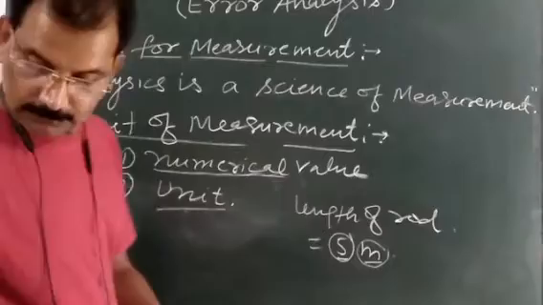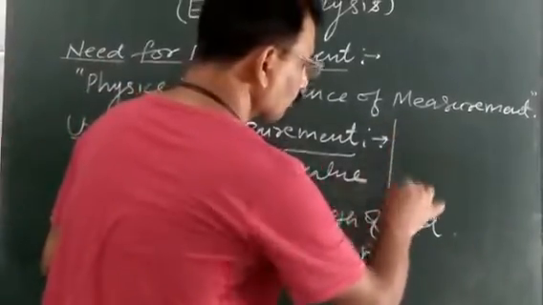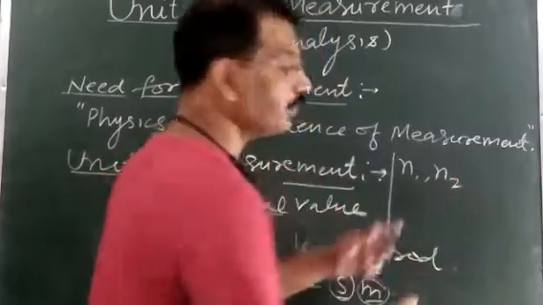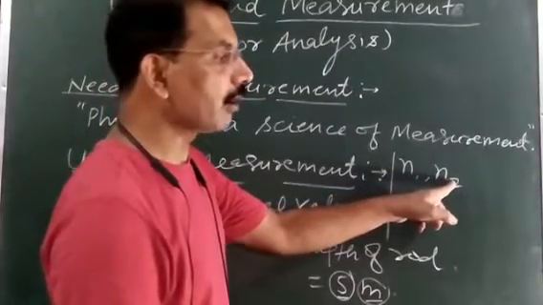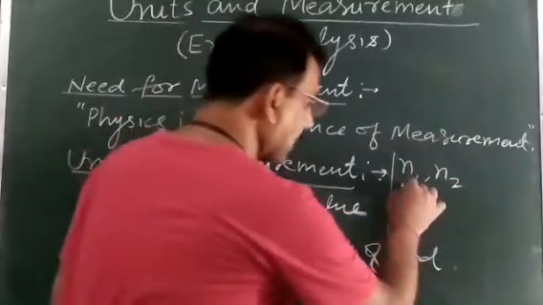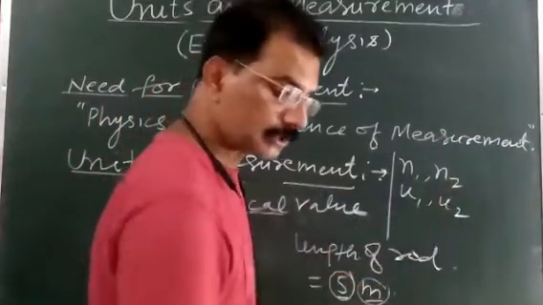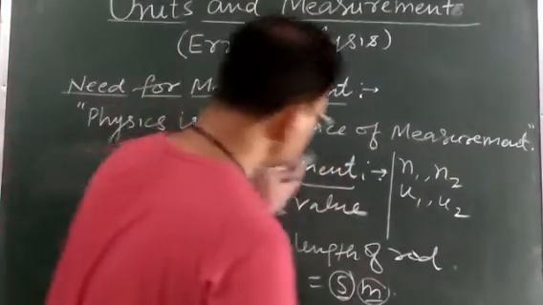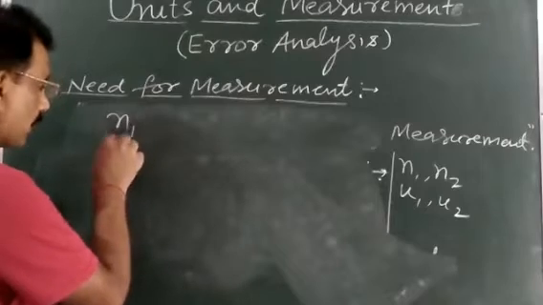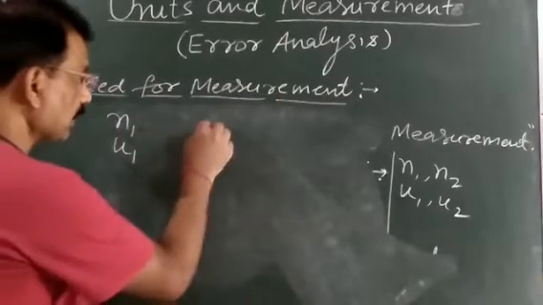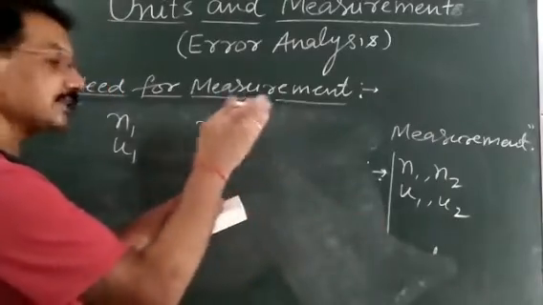And also, if a physical quantity has numerical values n1 and n2 in two different units, u1 and u2, then suppose n1 is the numerical value and u1 is its unit in one system, and n2 and u2 are the numerical value and unit in the other system for the same physical quantity.